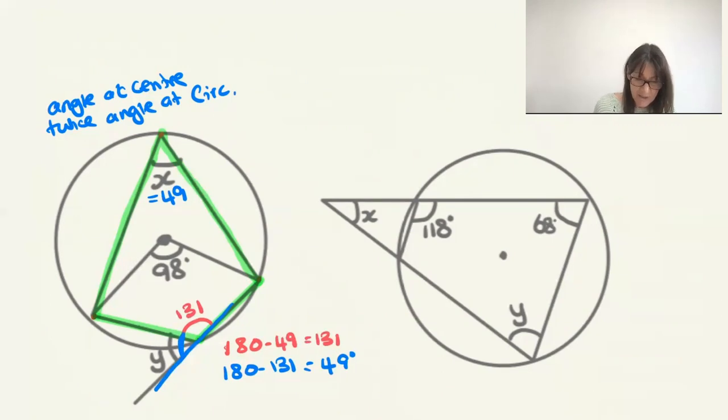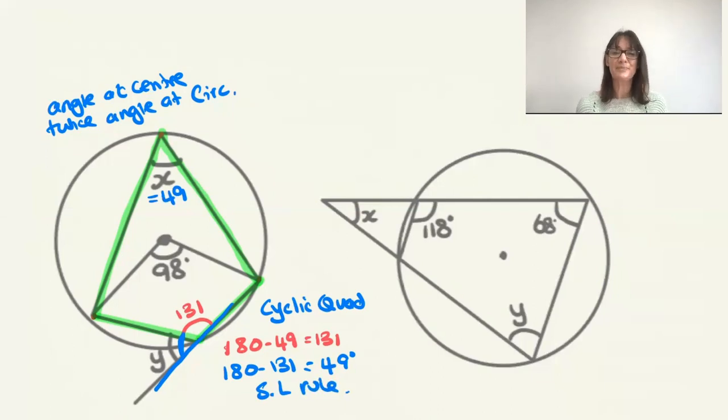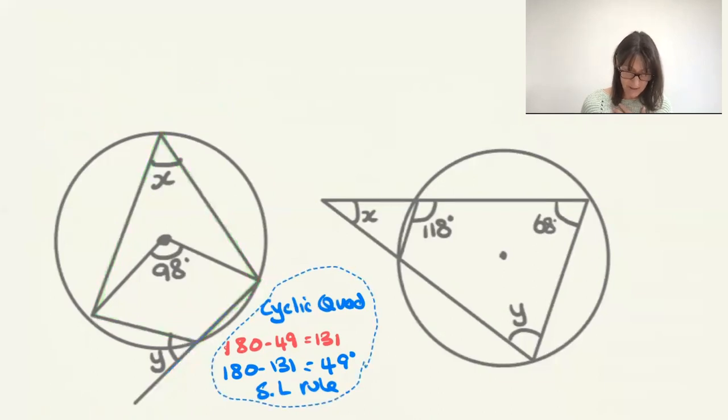So I used here cyclic quad rule, and I used here straight line rule, and I got to where I needed to go. And as I say, some of these can give alternative ways of doing it, and if you got your answer right and fully justified it, then all is good.